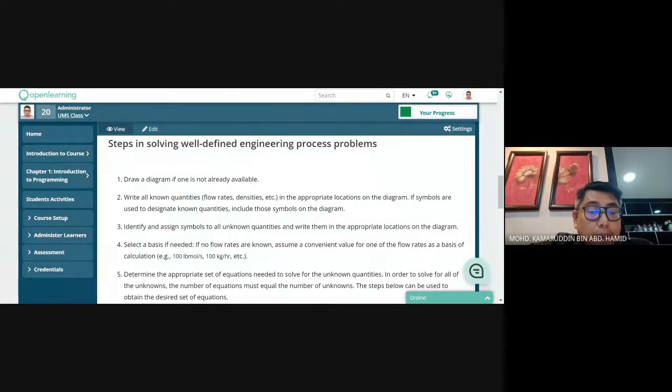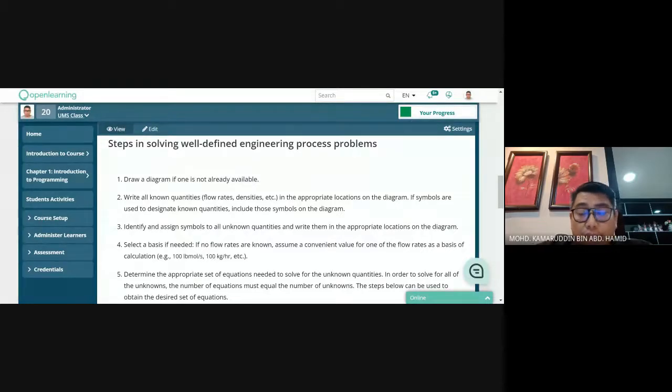Okay, so you need to write down all the known quantities in the appropriate location of the diagram. Di mana? Kalau you ada banyak diagram, for example, you have a first block, the first stream into the block. Apa yang ada situ? Ada pressure, ada temperature, for example. And flow out of the first block, ada temperature, pressure, flow dengan composition.